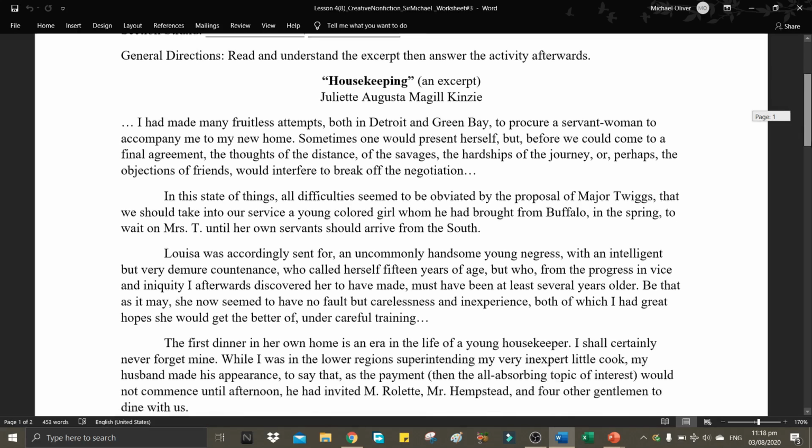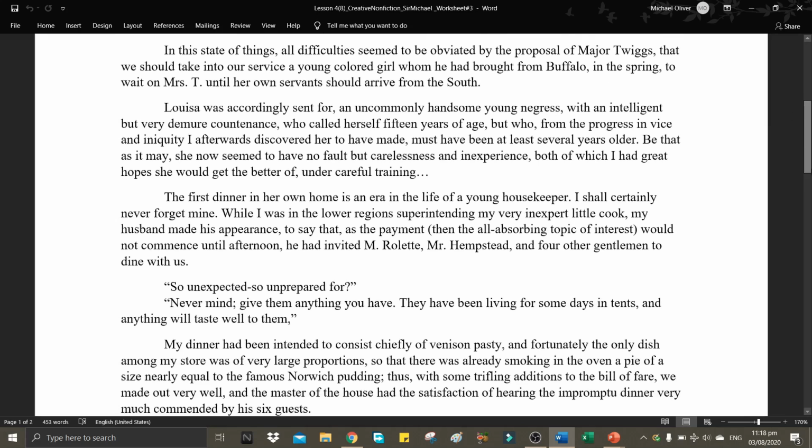In this state of things, all difficulties seemed to be obviated by the proposal of Major Twiggs that we should take into our service a young colored girl whom he had brought from Buffalo in the spring to wait on Mrs. T until her own servants should arrive from the south.